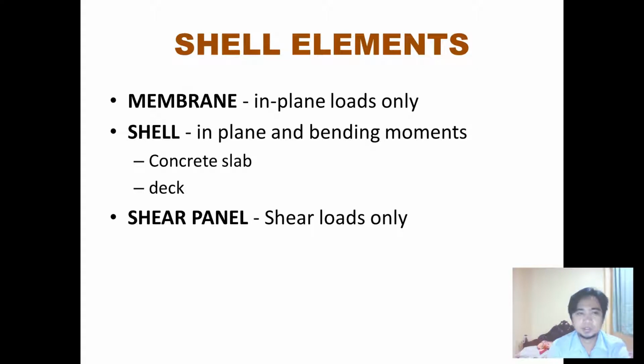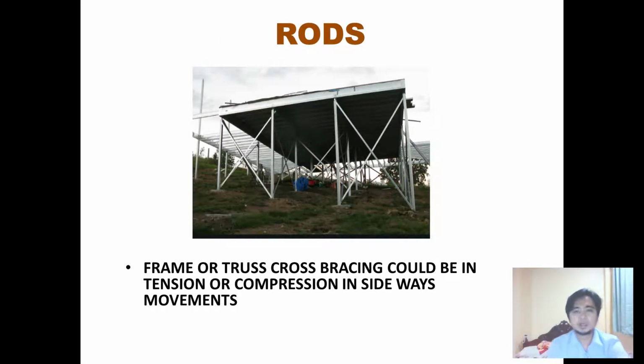For shell elements, we have membrane, which takes in-plane loads only, and shell, which takes in-plane loads and bending moments. We have concrete slab and deck, as well as shear panel which carries shear loads only. As for the rods, these are elements, frame or truss cross bracing, that could be in tension or compression whenever there is a sideways movement. As we can see in the photo, we have the cross bracing.